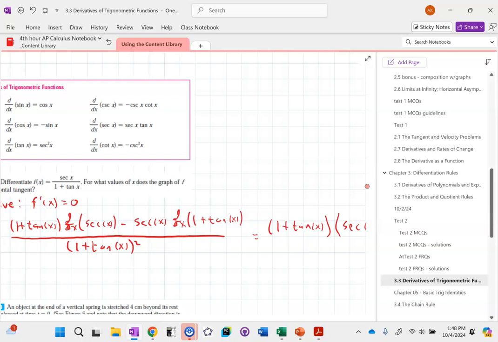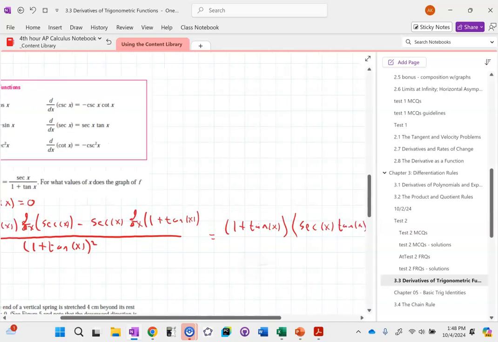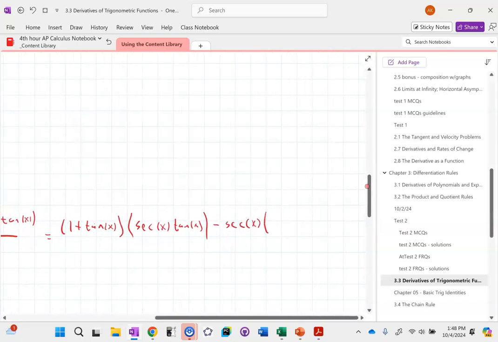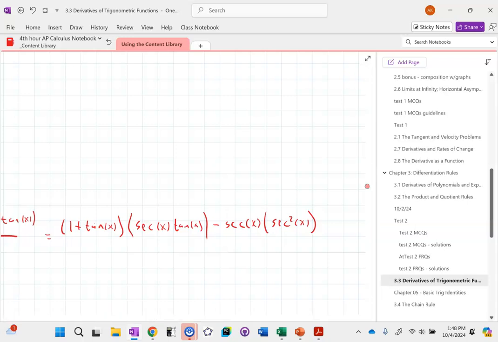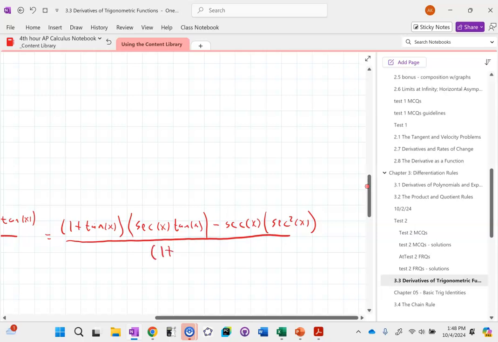The derivative of 1 is 0, so be careful there. So far, so good. And then we're still over 1 plus tangent squared x.